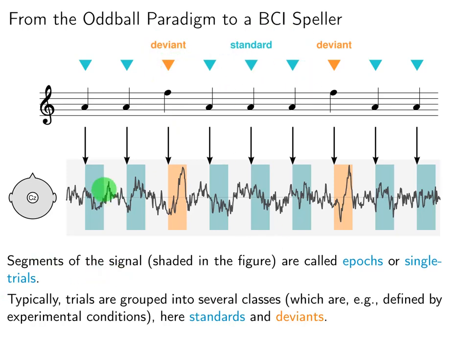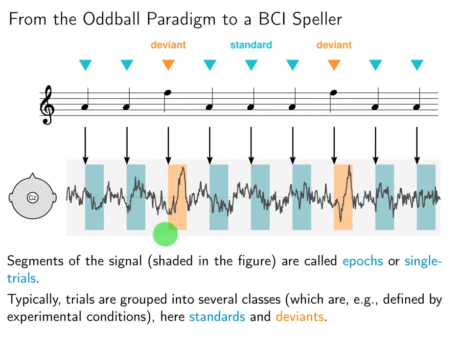Okay, so here are the segments of the EEG signal, shaded. Usually this shaded area is around 600 milliseconds. We call them epochs or single trials in the EEG field or BCI field.